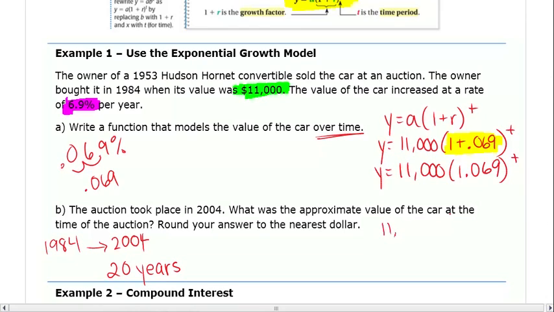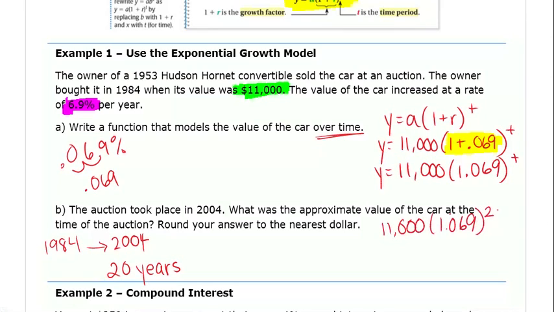So we're going to have 11,000 times 1.069 to the power of 20. Ideally that is what I want to see on a quiz or a test, because then you would just take your calculator, plug this in, and you should get $41,778.